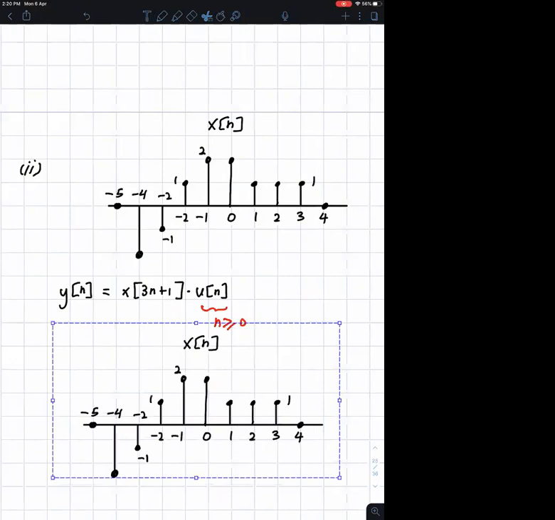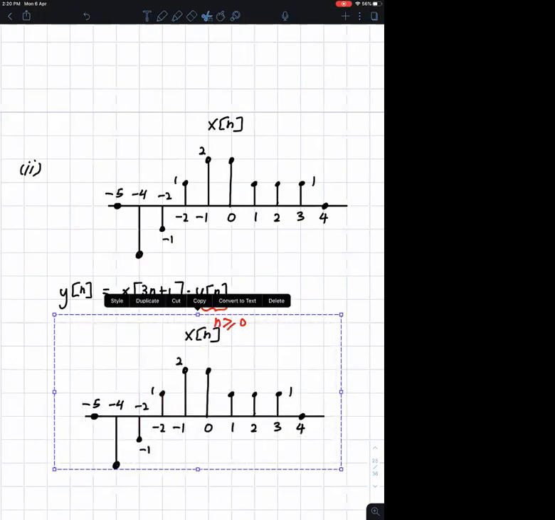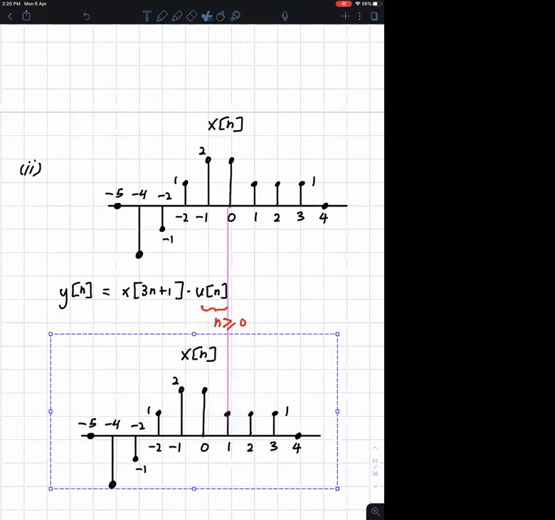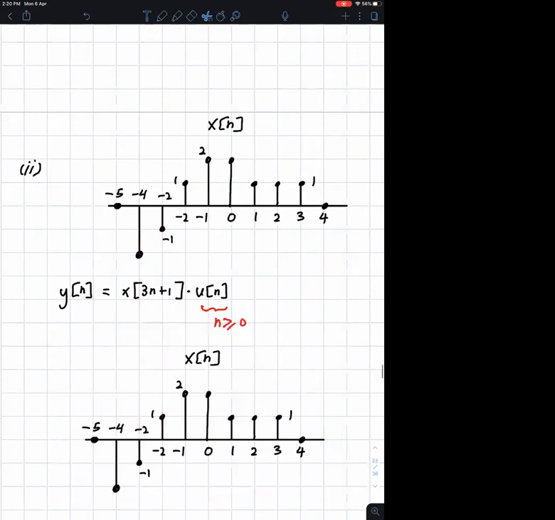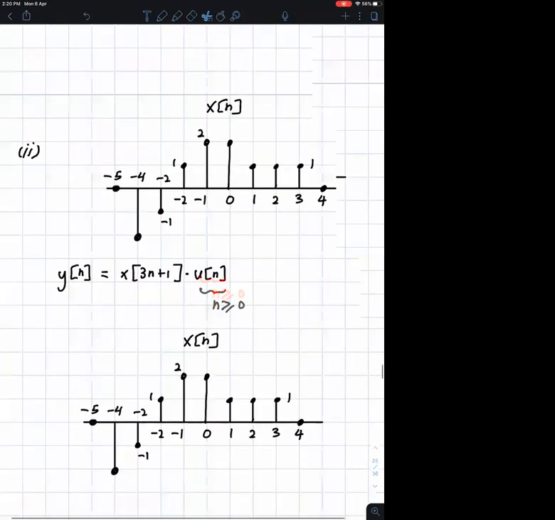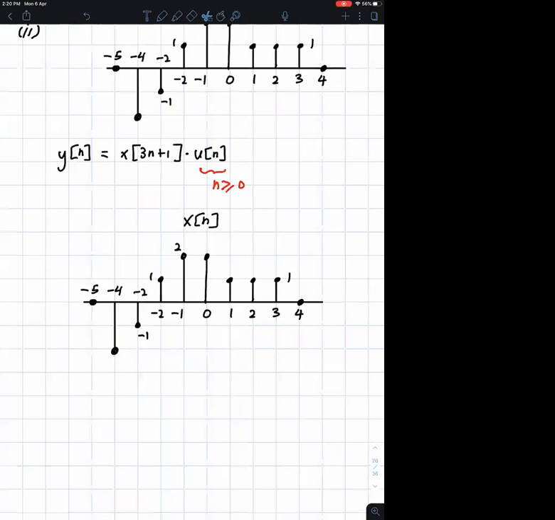If that is the case, then we don't have to consider all the signal that's below 0, right?